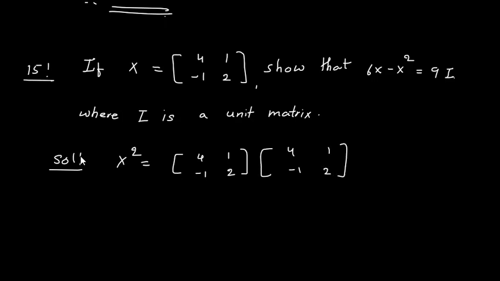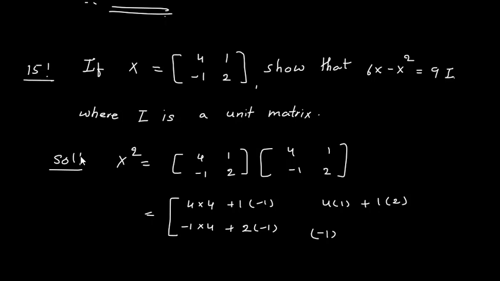So this row [4 1] multiplied, what we will get, 4 into 4 plus 1 into minus 1. Second element we will get 4 into 1 plus 1 into 2. Here we will get minus 1 into 4 plus 2 into minus 1, and the fourth element we will get minus 1 into 1 plus 2 into 2. This is X square.